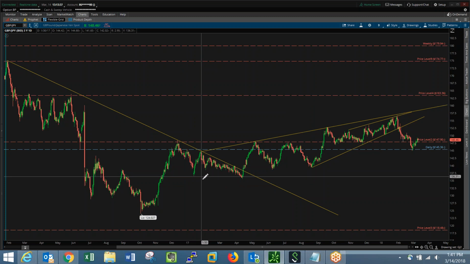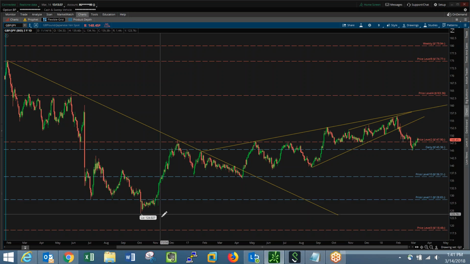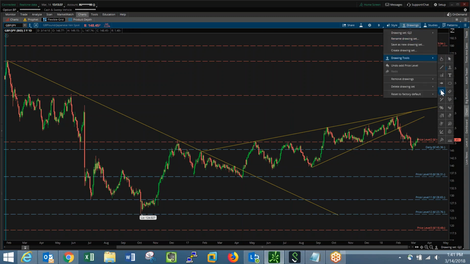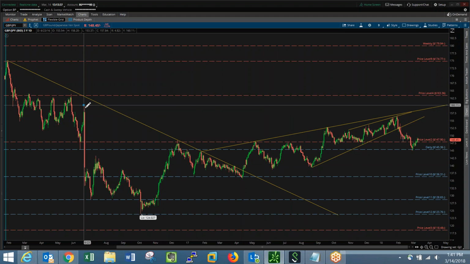So what I'm doing is I'm trying to give myself a higher time frame view into what the market's doing, and then from here I'm going to go into marking out some of the smaller time frame stuff so that you can see how much opportunity you can actually give yourself.